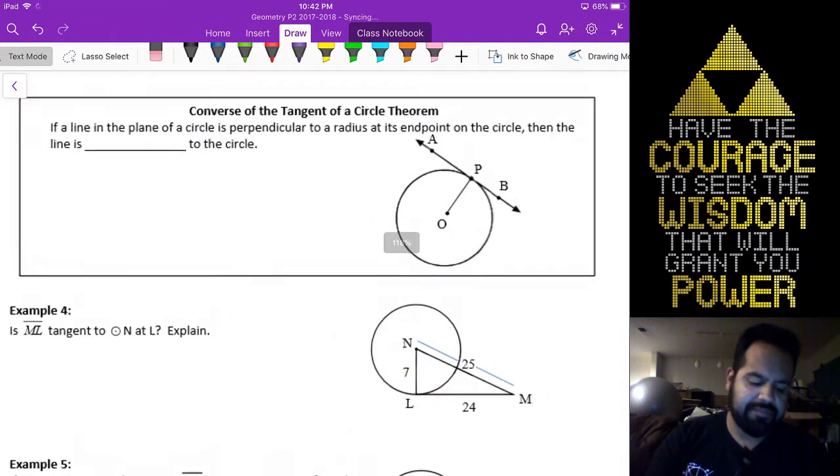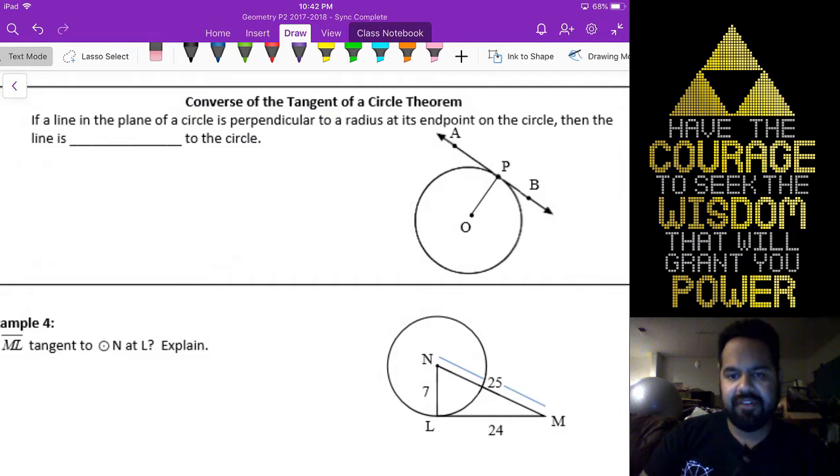Here's your next theorem. It's the converse of it. Now, this one's not as straightforward as the other ones. This one is more like what we did with the converse of the Pythagorean theorem, where we said if the a squared plus b squared side was greater, then you had an acute triangle. If the c squared side was bigger, you had an obtuse triangle. This one's similar, but you don't have all those conditions.